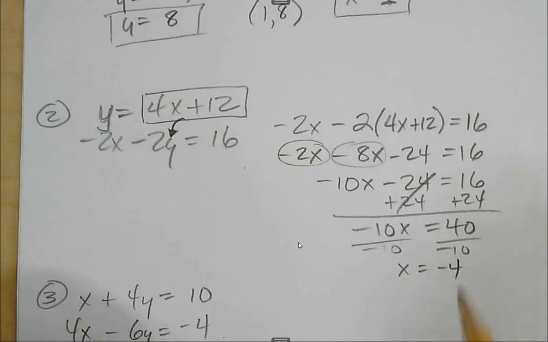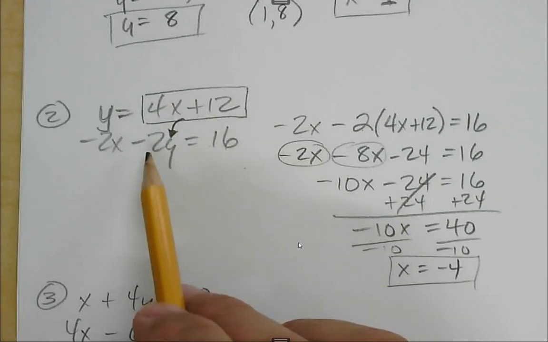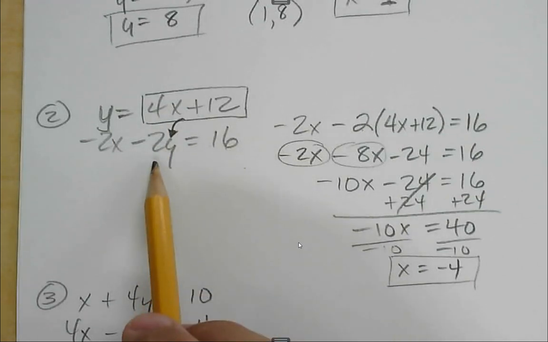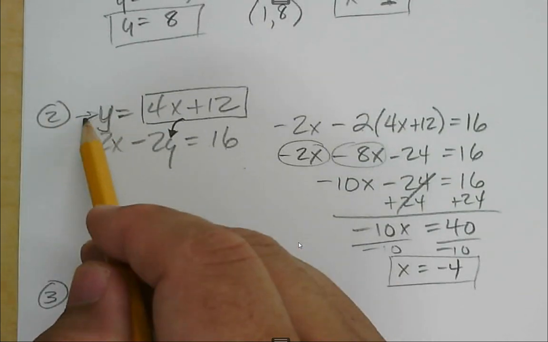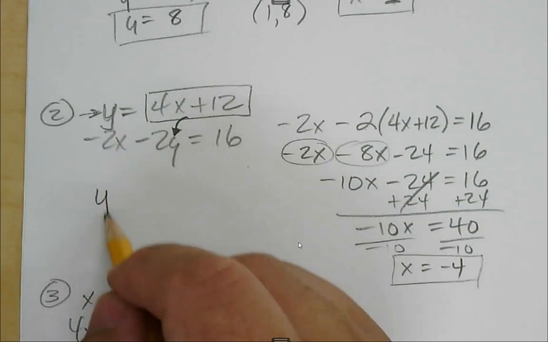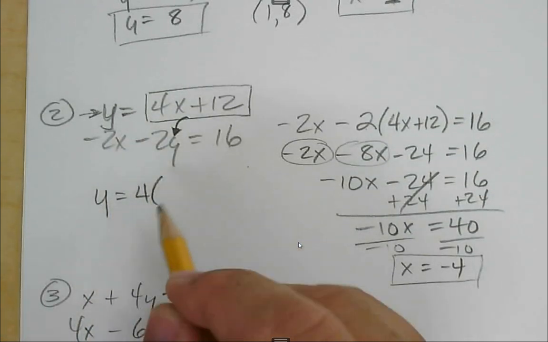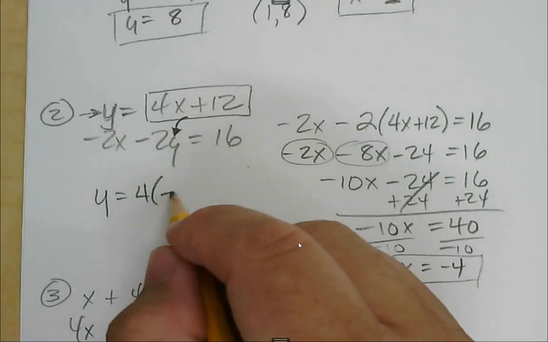Now again, what do I have to do with that? I have one part of it, but now I have to solve for y. Well, which one of these two equations is going to be easier to solve for y? You guessed it, this one, because it's already solved for y. All I've got to do is just substitute it in. So now what I'm going to do is take y equals 4x plus 12, and instead of x, I'm going to put in my new value for x, which is negative 4.